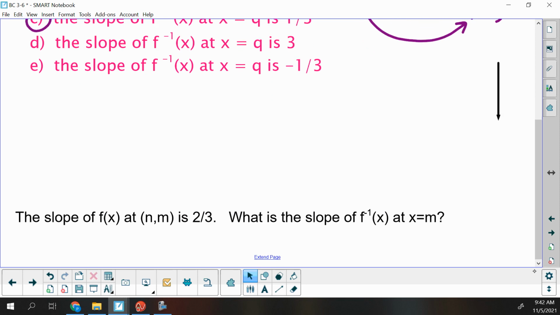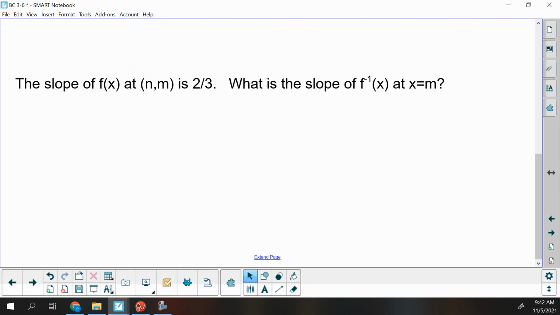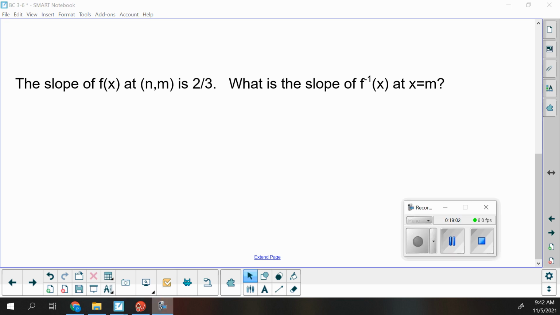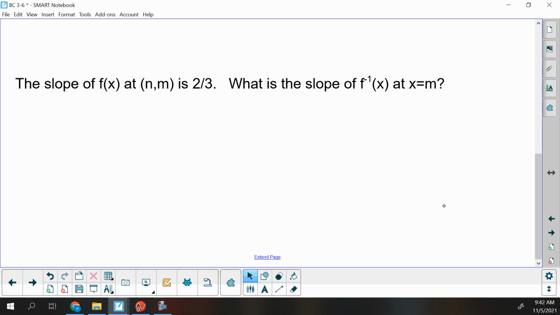So to make sure we've got it down, here's an additional example. You can just add on to the bottom of that page there. You don't have to write out the question, just your work. We're going to pause the video for 1 minute and see if you can answer that one. So this is essentially telling us that f prime of n is equal to 2/3.